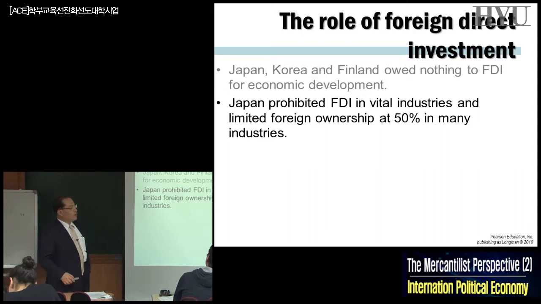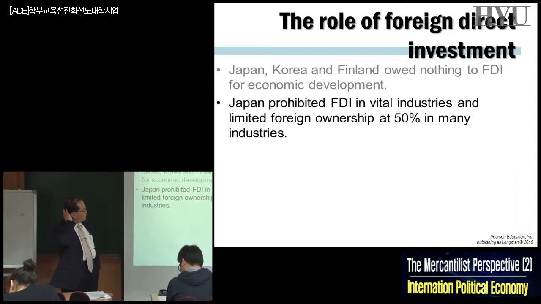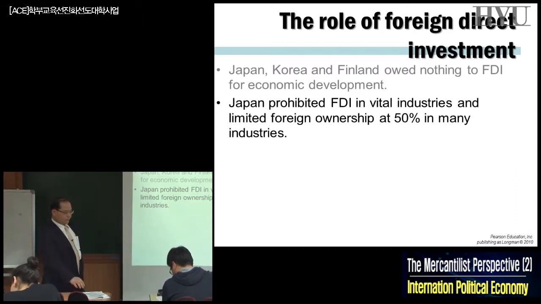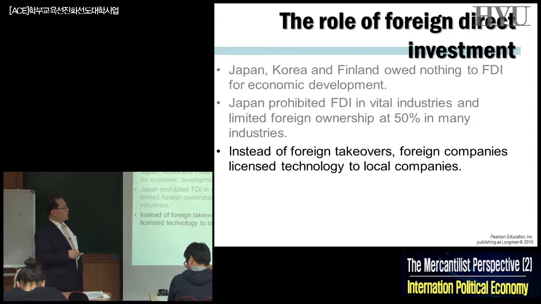Japan prohibited FDI in industries. This is industrial policy. And there was a limit on foreign ownership at 50%. And instead, the Japanese encouraged companies to license technology rather than take over.